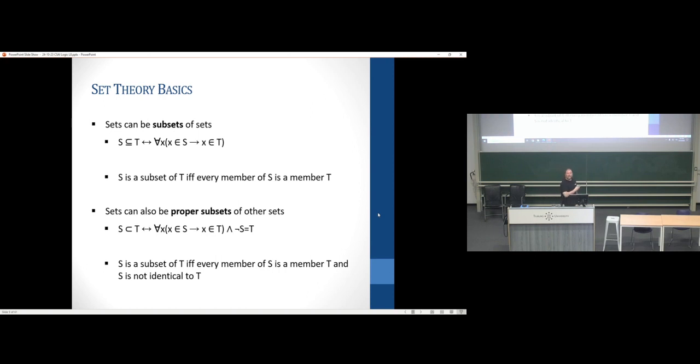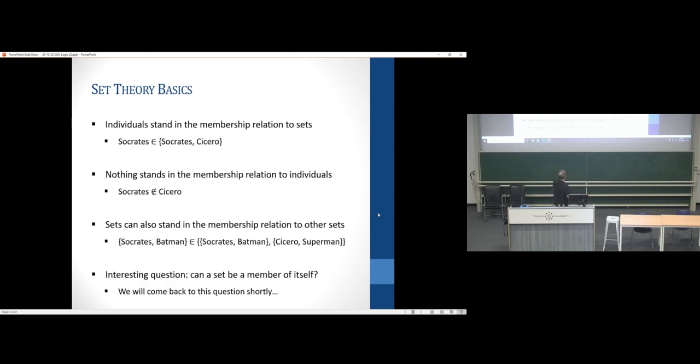So to go back a slide, if we look at this set here, Socrates, Batman, that set, right? This set whose member is just Batman is a subset of this. Why is it a subset? Because all of the members in our set containing just Batman are also in the set with Socrates and Batman.